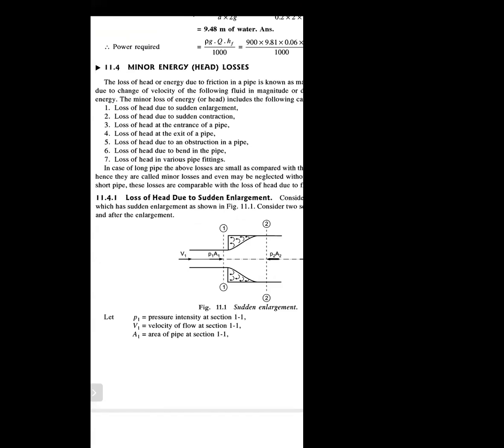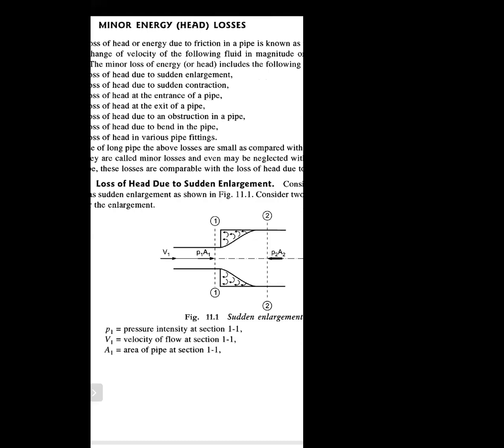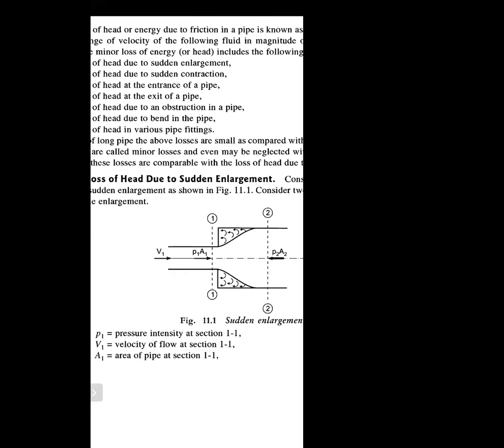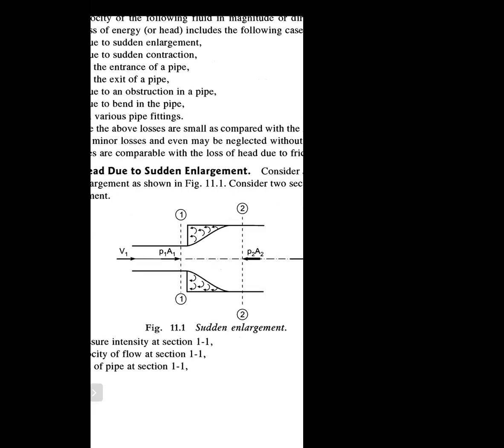First minor loss we had already studied in the previous lecture, which is loss due to sudden enlargement. This is the diagram of sudden enlargement, and in this figure water is flowing from section 1 to section 2.